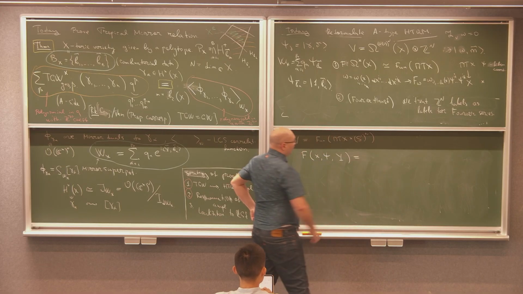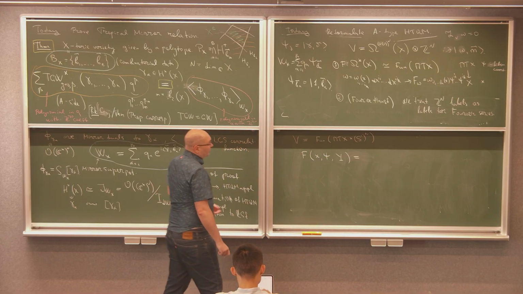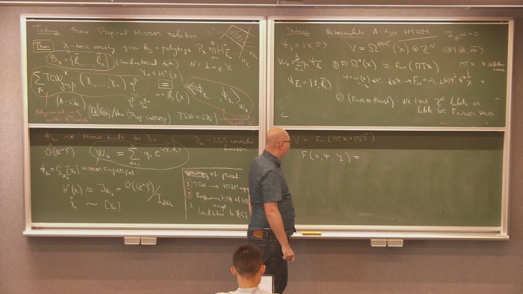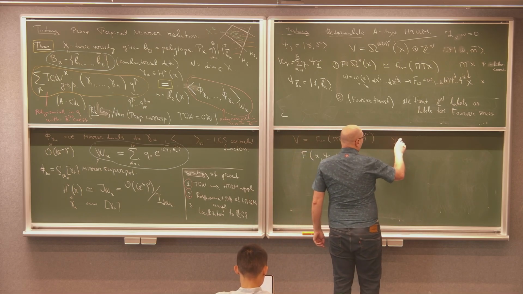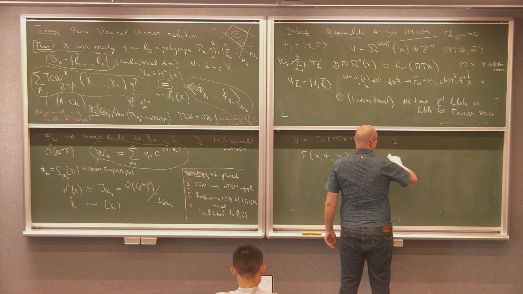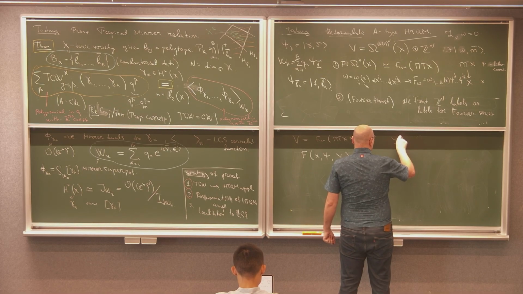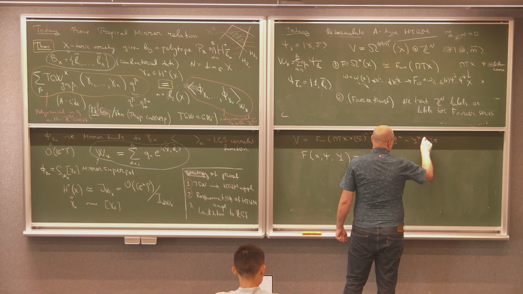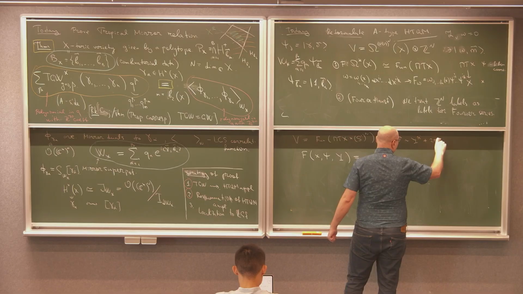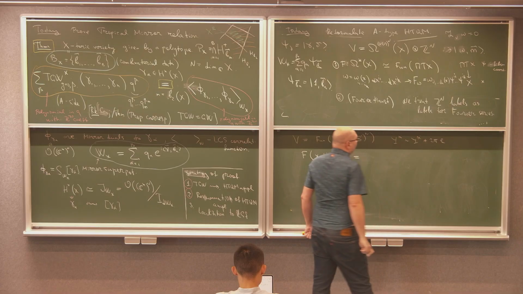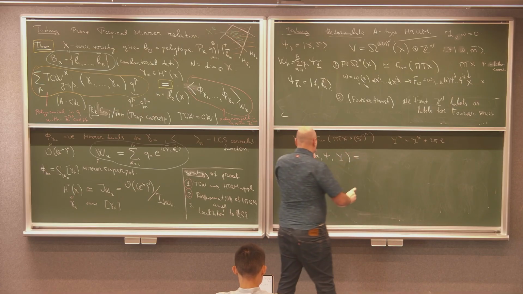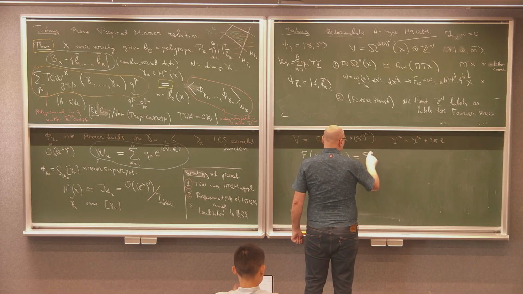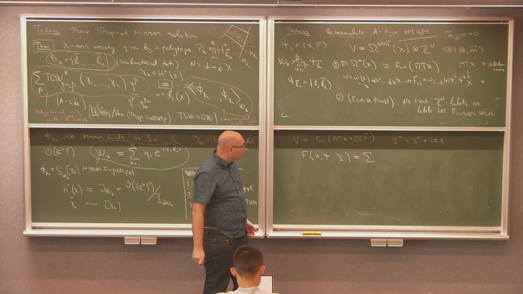And once again, we can expand a function of this periodic variable y. The variables yk are identified up to a 2 pi integer shift. So any periodic function we can expand in a Fourier series.